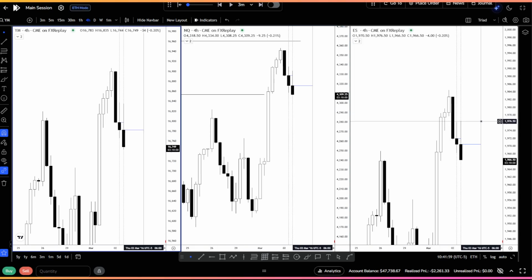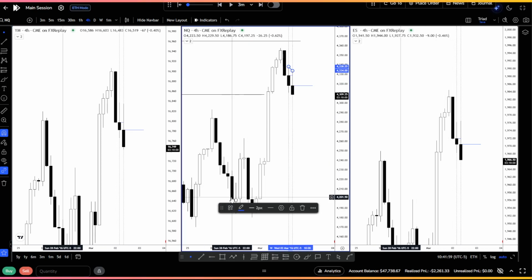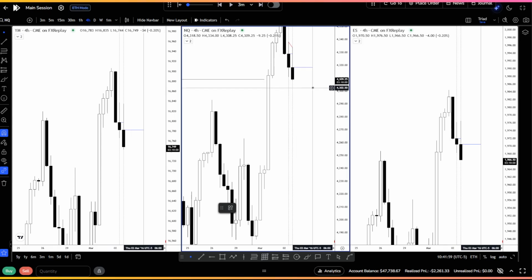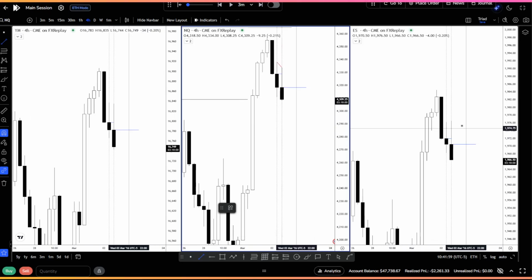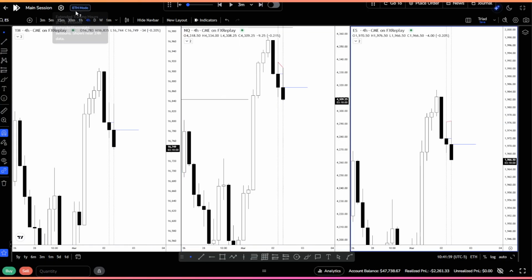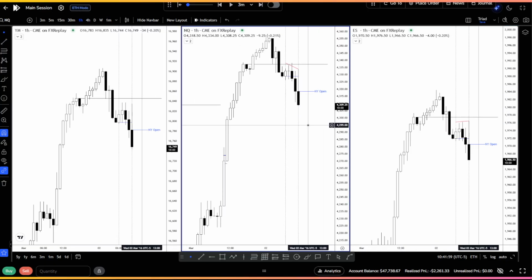We do have SMT inside this fair value gap to the downside, so probably that is pushing us lower, which is kind of valid for me, so to speak, but I didn't want it to go lower, honestly.